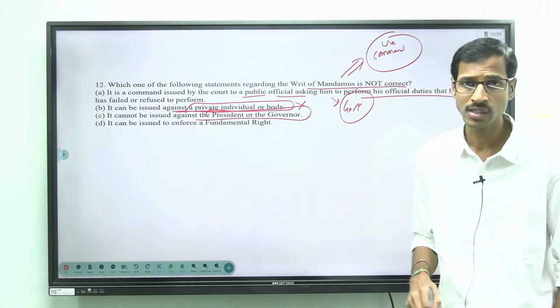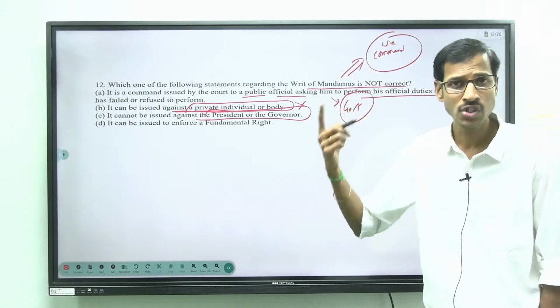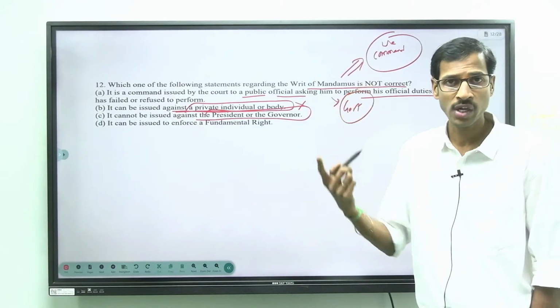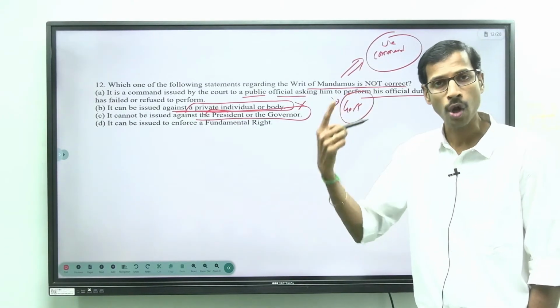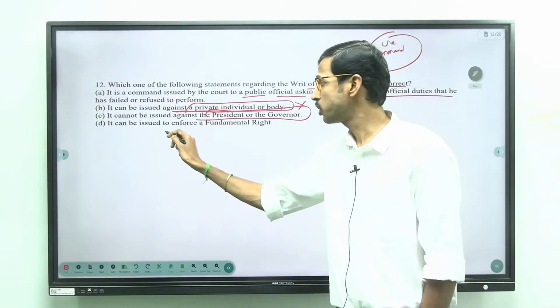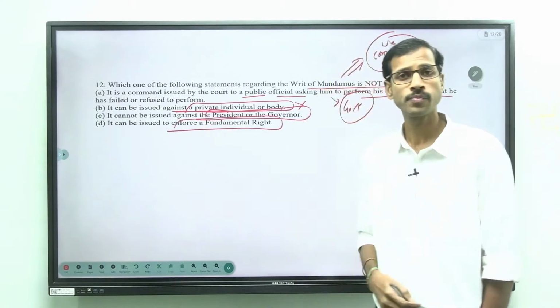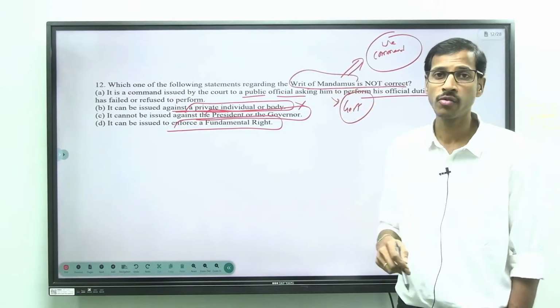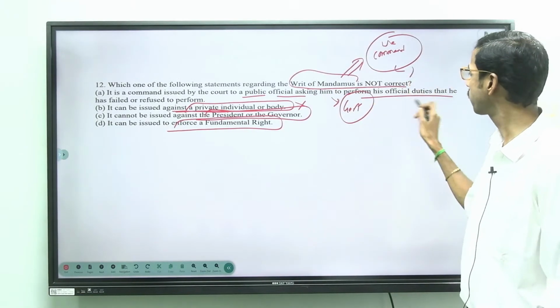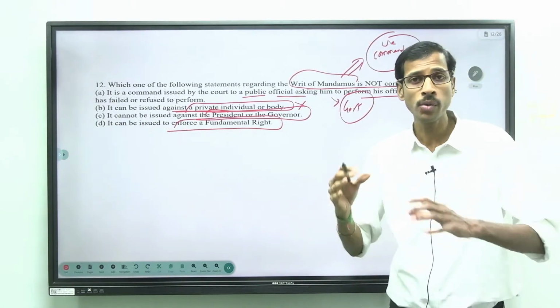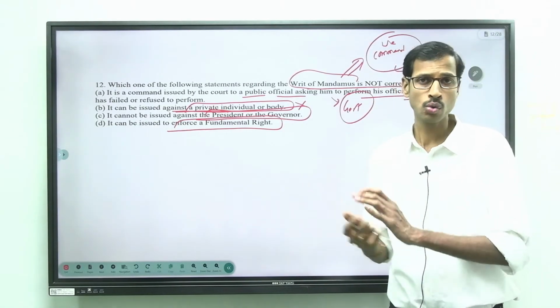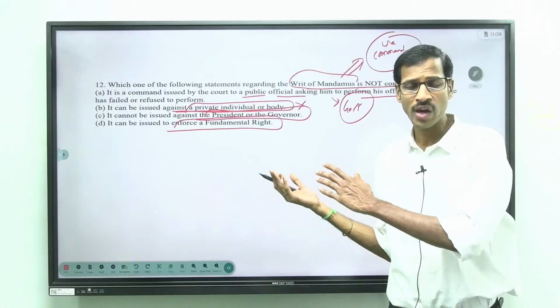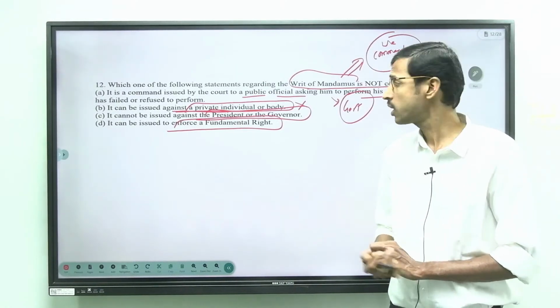That is also correct here. So only public officials and also government officials and some corporations are applicable. It can be issued to enforce a fundamental right. Whenever this particular writ of mandamus is issued, it is because the officials' duties are not performed as per the rules and regulations, and here the violations of fundamental rights will be observed, right?